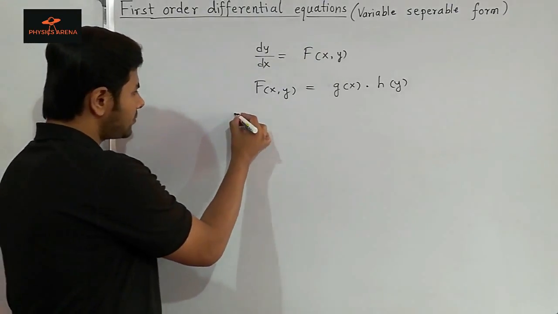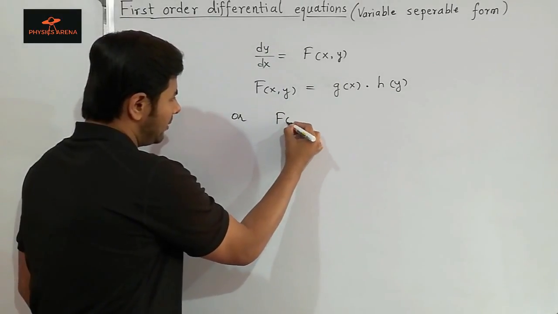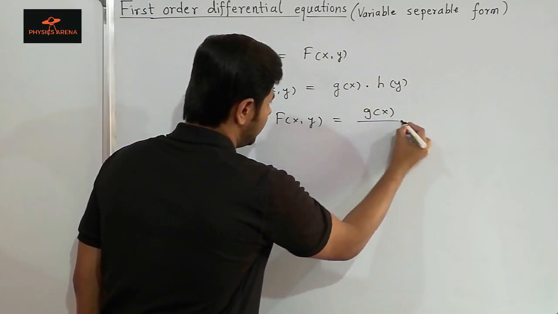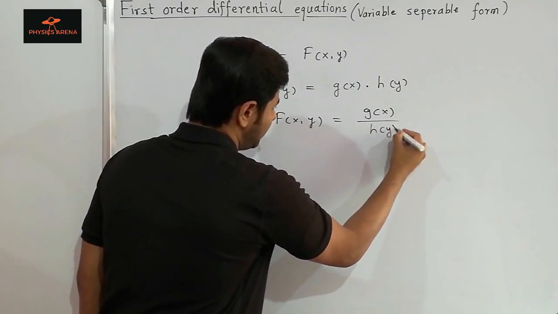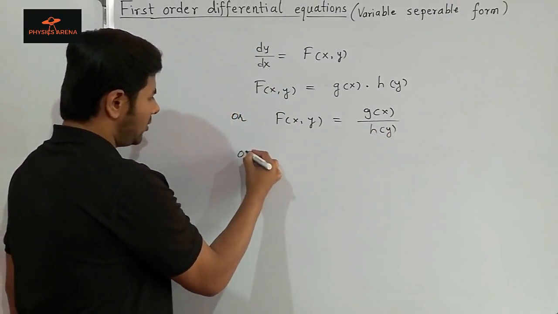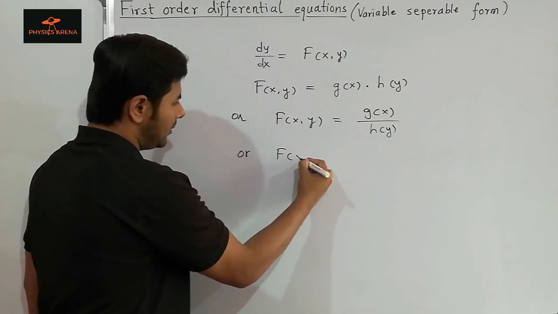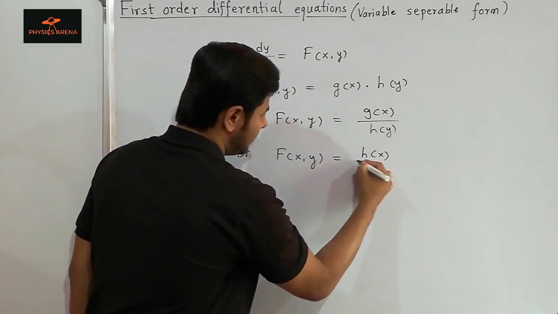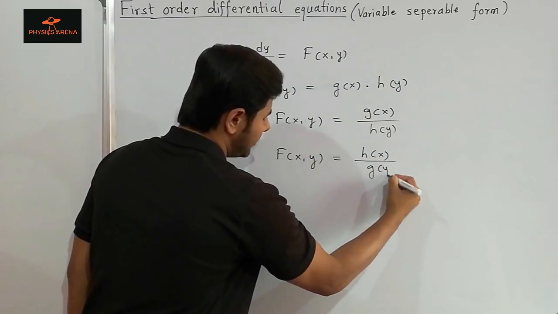Or f of xy equals to g of x divided by h of y, or f of xy equals to h of x divided by g of y.